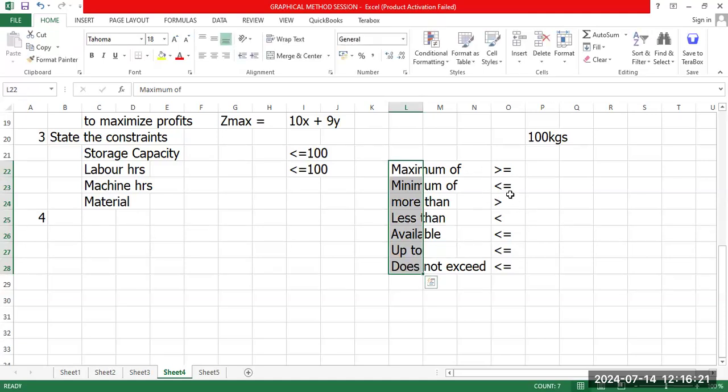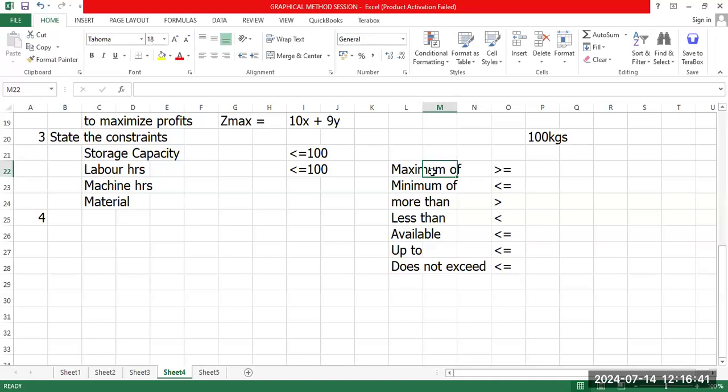Every time you see the words maximum of, minimum of, or up to, they are telling you that at that point, you should put an inequality. And the moment you put an inequality, that is your constraint.